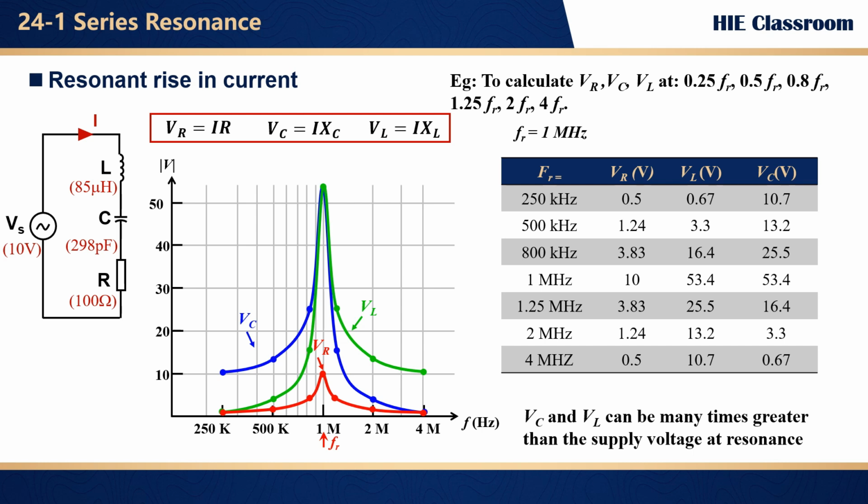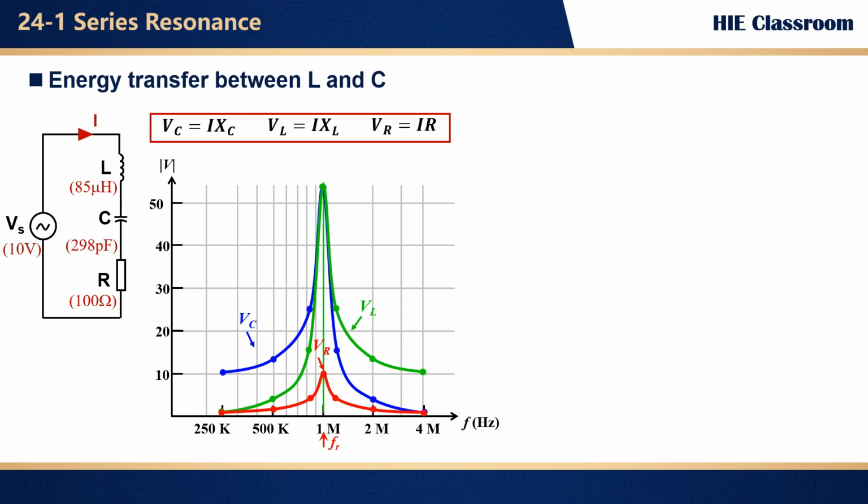We call this the resonance rise in voltage, which makes these circuits so fascinating. Besides, VR stays steady at 10 volts at resonance because that's where I times R matches the supply voltage. Away from resonance, VR, VC, and VL values drop off, just like the current does.